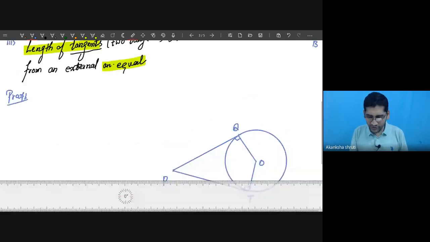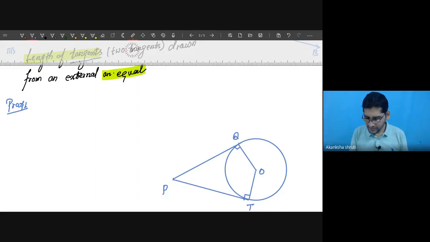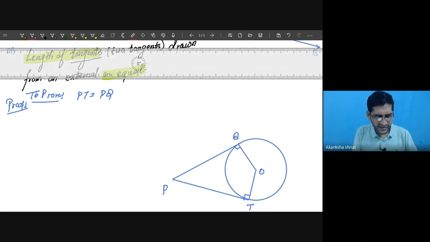We have to prove here PT is equal to PQ. So what is to prove? PT is equal to PQ. Then let us go for the construction.